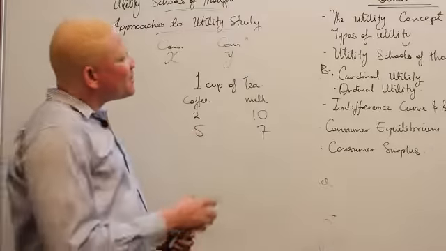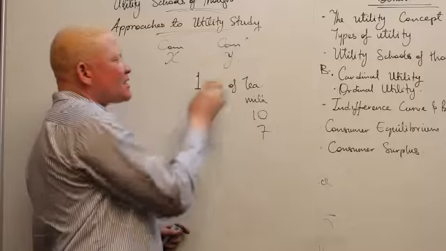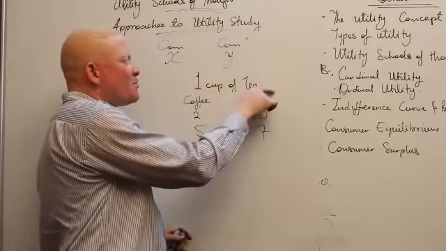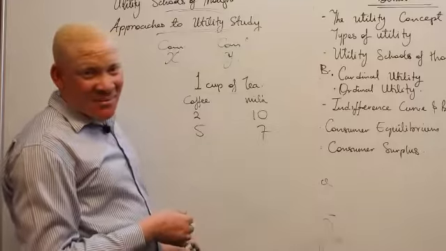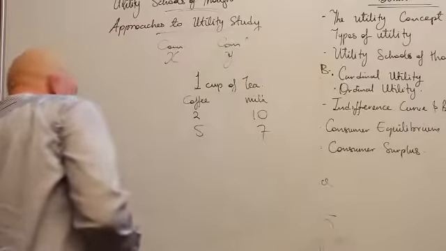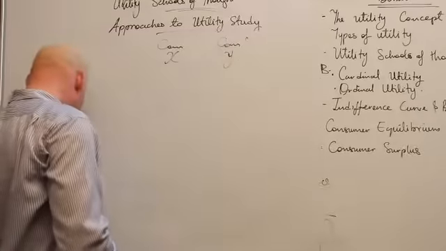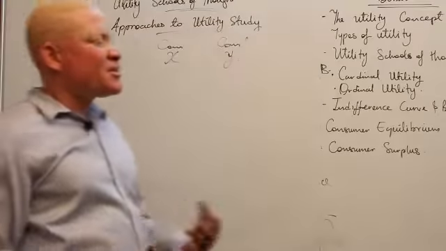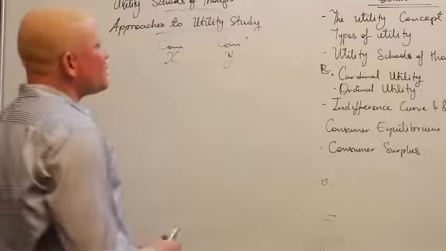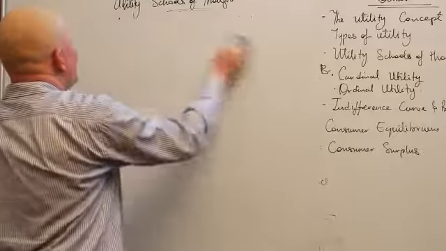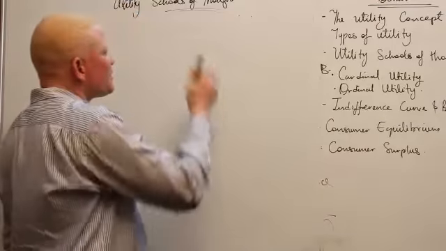So what happens is that no matter the combination of these 2 things, which is like the X and Y, I will always be at this level of satisfaction, which is a cup of tea. Now, there was a relationship which they came up with and referred to as the indifference curve.